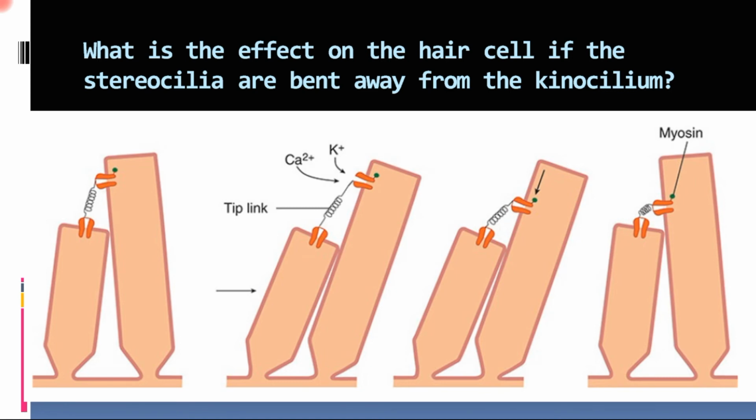Whenever the stereocilia bend away from the kinocilium, the frequency of discharge decreases because of hyperpolarization. So in this case, if the stereocilia bend away from the kinocilium, because of hyperpolarization the tonic discharge will decrease. So that is the output.